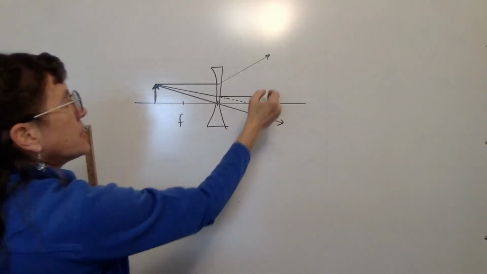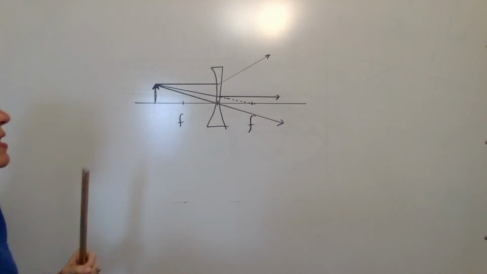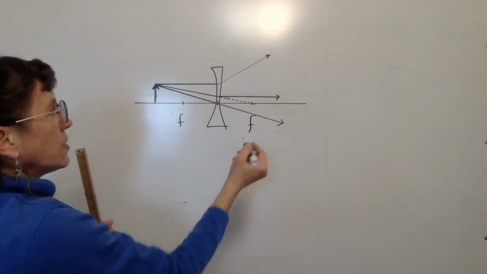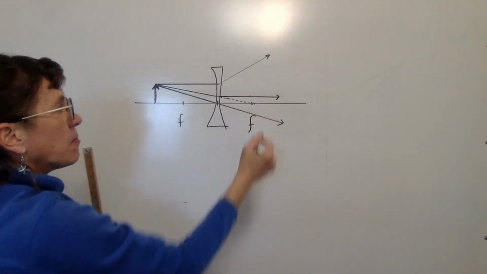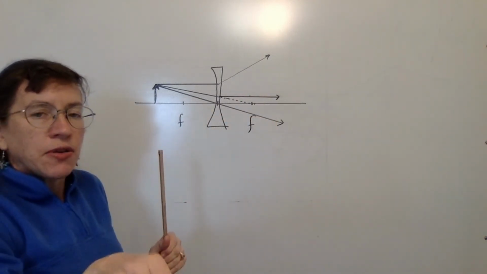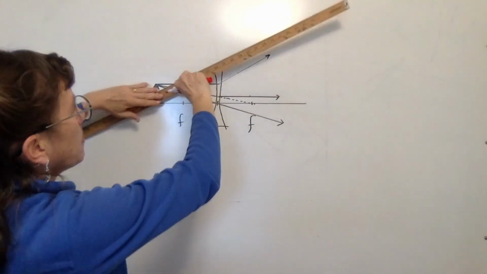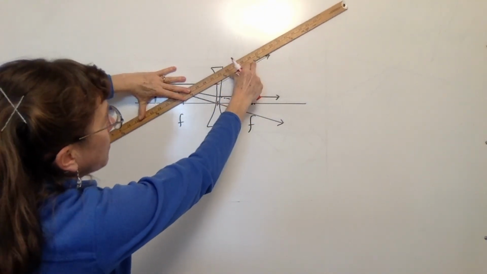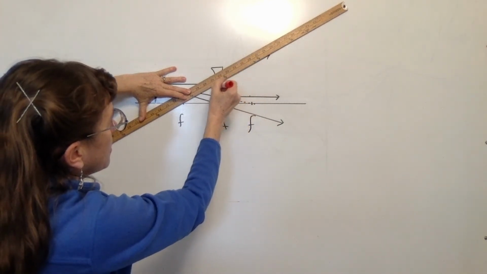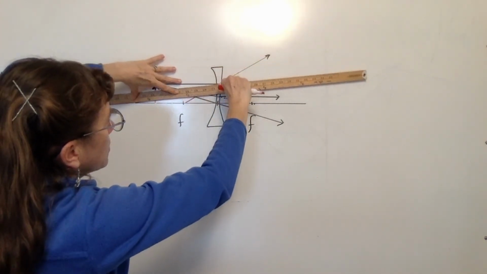Okay, so we can look at these three rays. We can see that they're never going to come together and form an image. And we can also see that they are indeed more divergent from each other than they were before they entered. So just like with the other virtual images, we have to extend the rays back to see where the image is going to form.